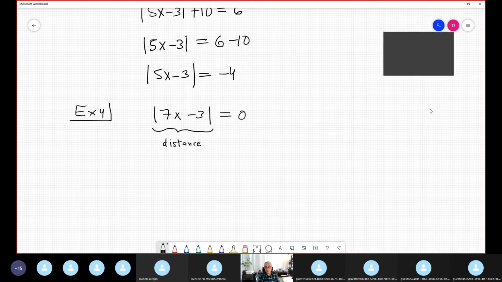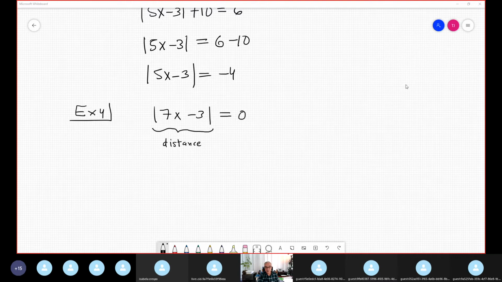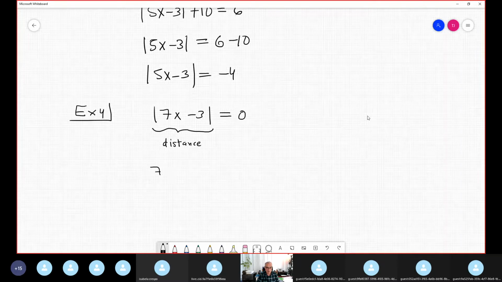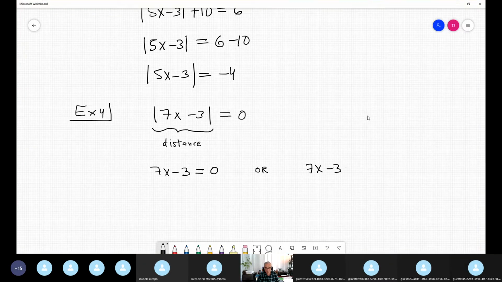And distance should be 0, of course. 0 is possible. However, in this case, you have only one solution. Suppose that you don't understand very well. Well, you have a solution, yes, but how many? One solution or two solutions? Suppose you remove the bar: 7x minus 3 equals 0, or 7x minus 3 equals minus 0.